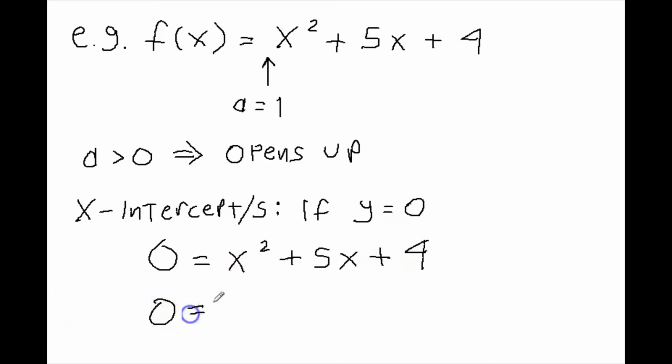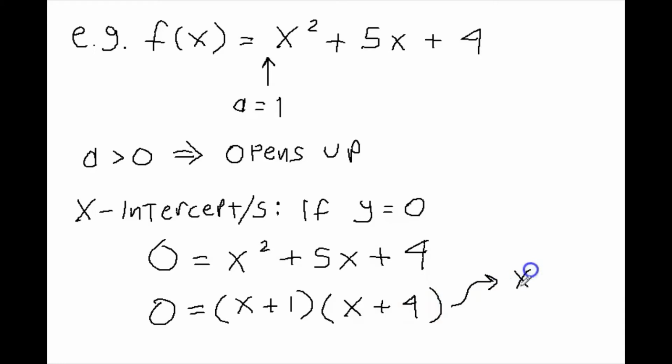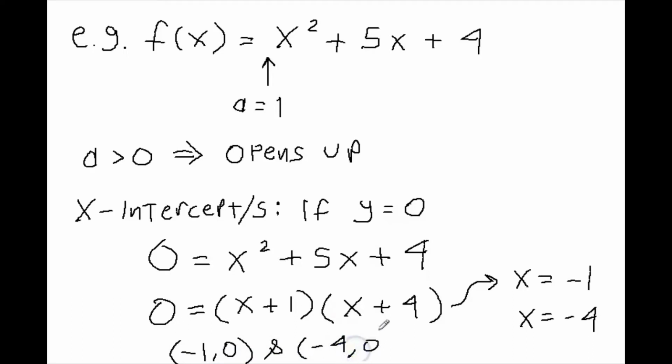So 0 is equal to x plus 1 times x plus 4. If you solve this equation, you get x is negative 1 and x is negative 4. So the x-intercepts are negative 1, comma 0 and negative 4, comma 0.